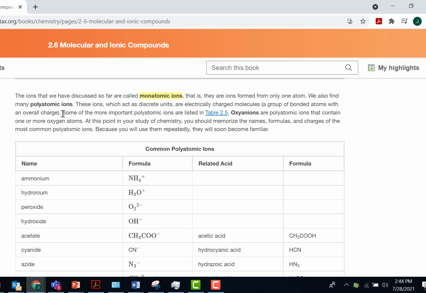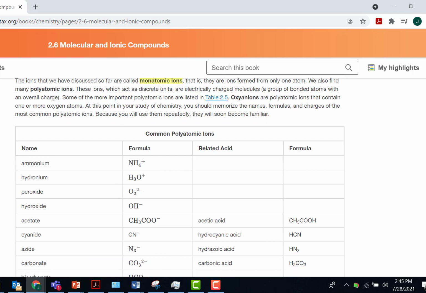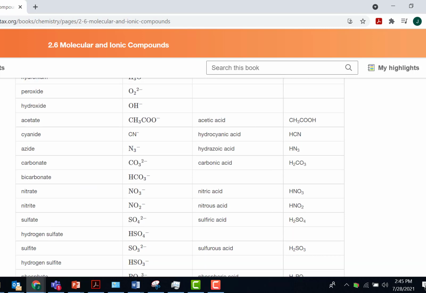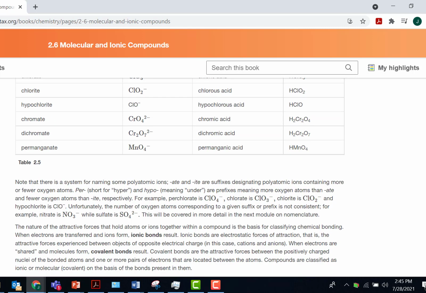I'm going to skip over that for now. That's something we'll come back to, I believe, in the next section. This is a table of polyatomic ions, and we'll be going through this in the lab. We'll talk about what to do with polyatomic ions. For now, we'll just leave that aside, but it's something we'll come back to.